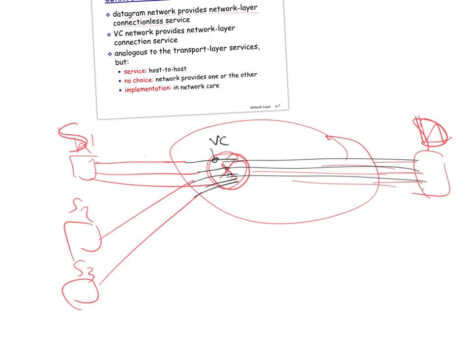So I can simply establish and guarantee the route for all the packets coming from this source to that destination to go through the same route because it's already established. And I can even go further than this and book or reserve a certain buffer size in the router for this particular connection.